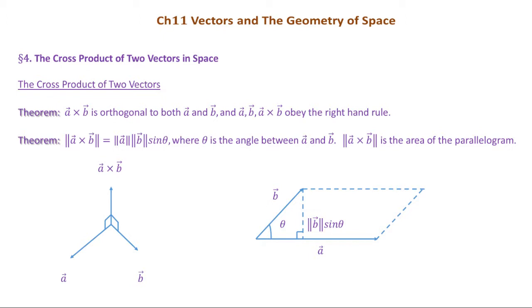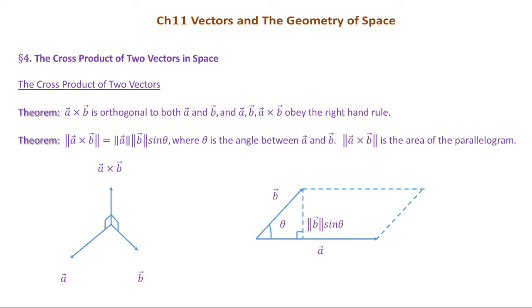So what does it mean by that? Okay, if you hold your right hand and let the thumb point in the upward direction, and you go from the vector A to vector B, that's the direction when you curve your fingers from A to B. Okay, so in this case it will be counterclockwise from A to B. Rotate counterclockwise.